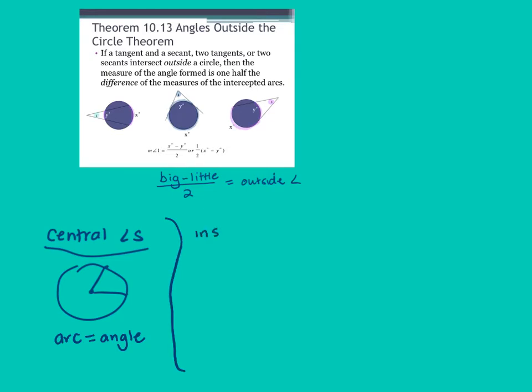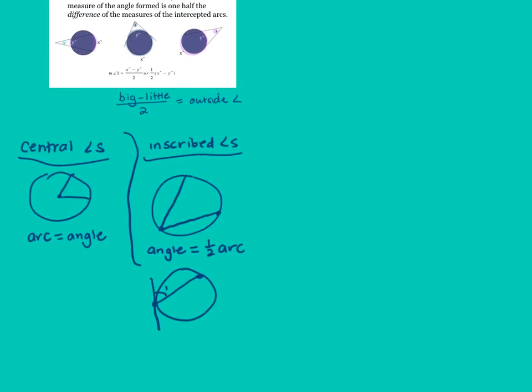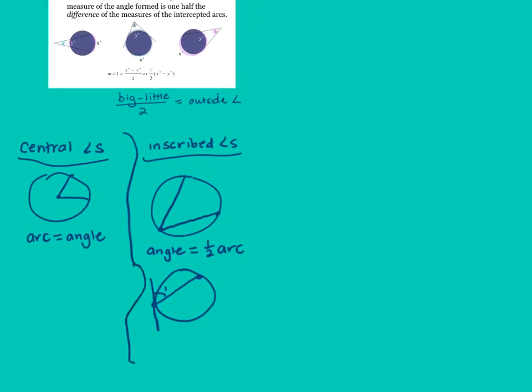Then I've got inscribed angles, and that one has its vertex on the circle, and the angle equals half the arc. Or that's also true for a tangent and a chord, because that point is still on the circle. That's true for both. Okay, angle equals half the arc.